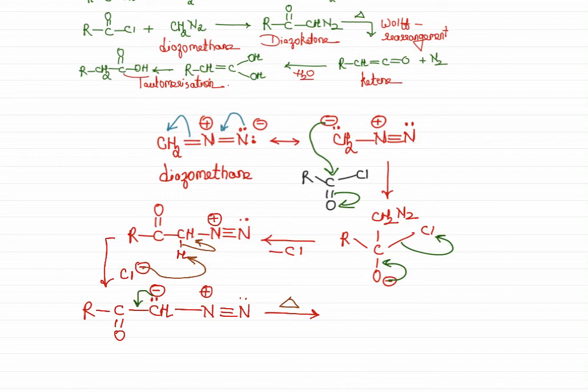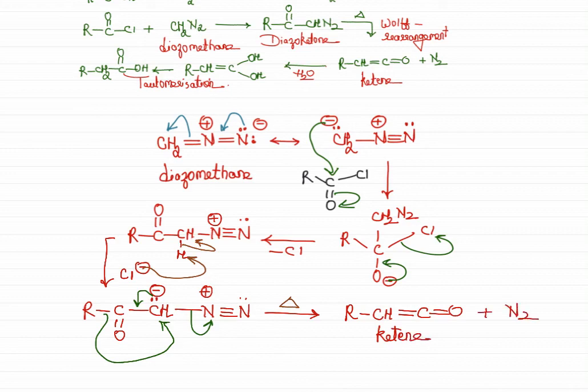This moves here, right? This goes here and this goes here. Leaving group has to leave, so now you have R, CH double bond C double bond O, your ketene, and you have nitrogen separated. This is what we call Wolff's rearrangement.